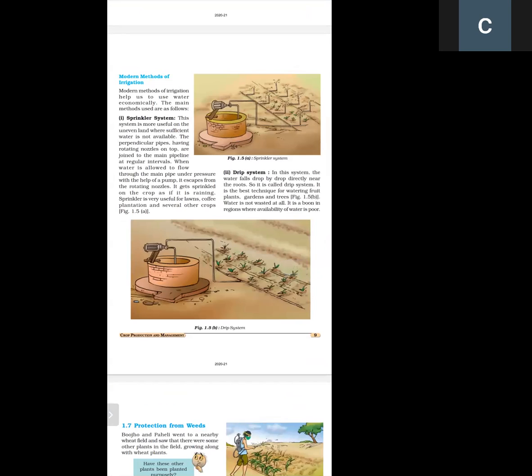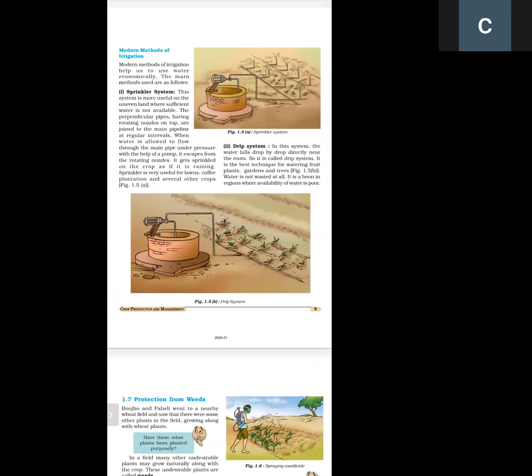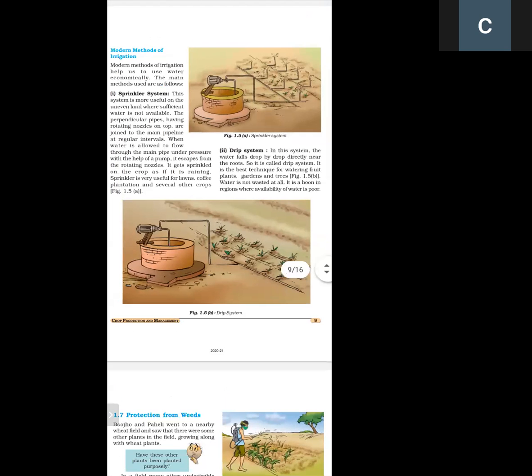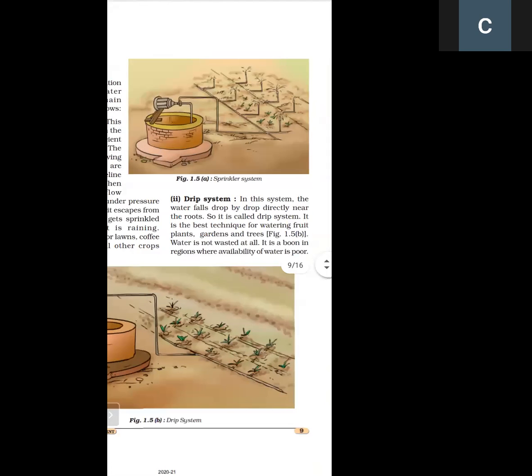There are two modern methods of irrigation: the sprinkler method and the drip irrigation method. In the sprinkler system, we use perpendicular pipes as shown in the figure, with a rotating nozzle. When water enters the rotating nozzle, it waters the plants regularly.